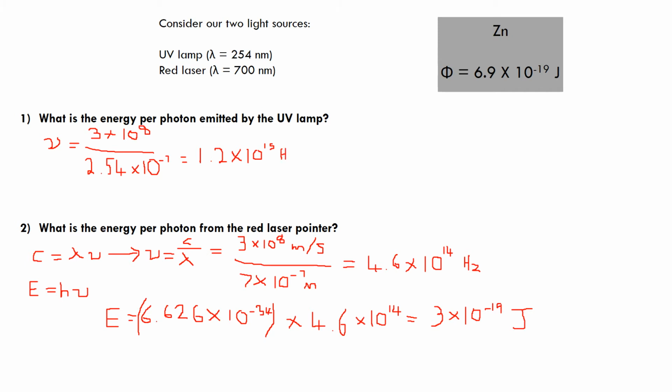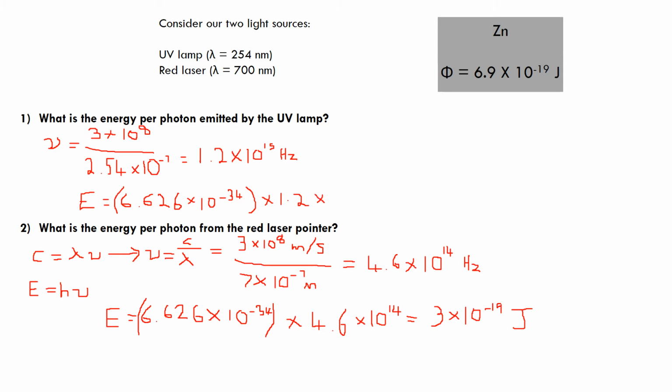Now I can calculate the energy per photon. That's my E equals Planck's constant multiplied by the frequency. So here I'm going to put Planck's constant in again, in brackets. So that's 6.626 times 10 to the minus 34. And I'm going to multiply that value by the frequency, which I've just calculated as 1.2 times 10 to the 15.